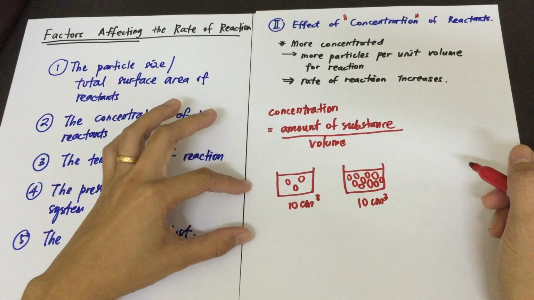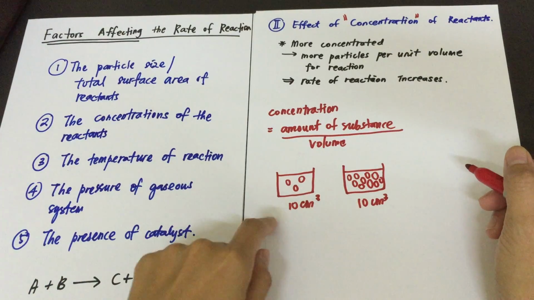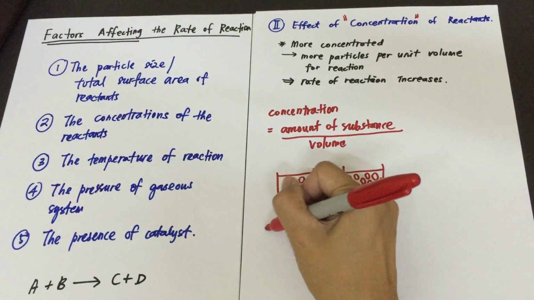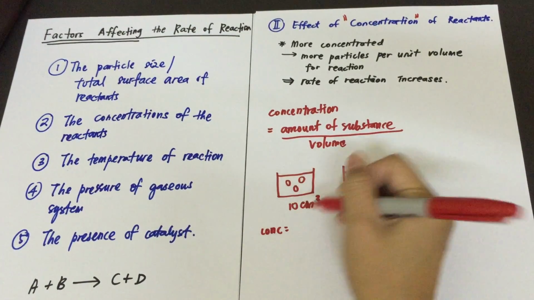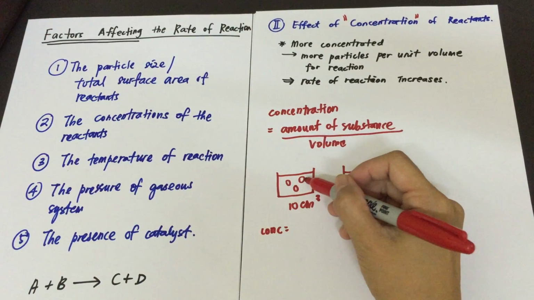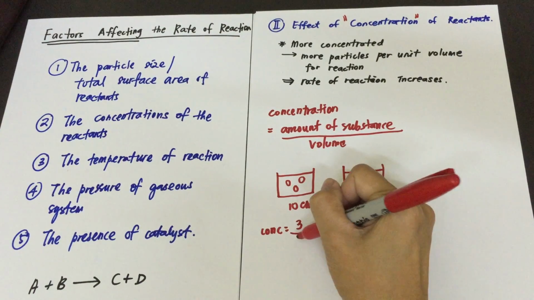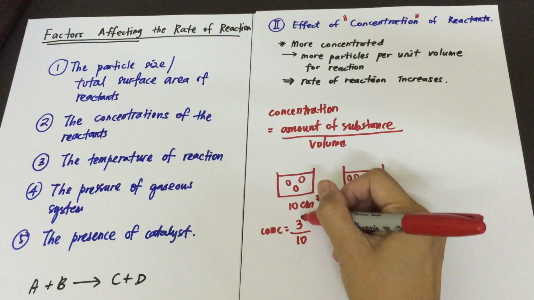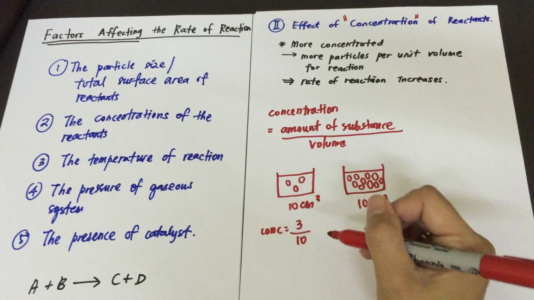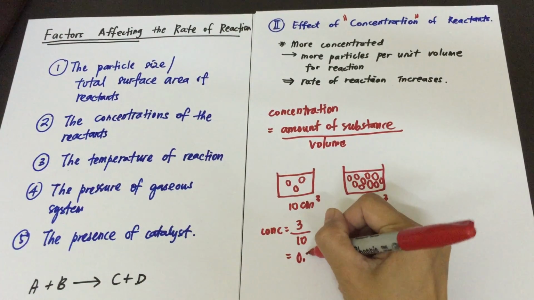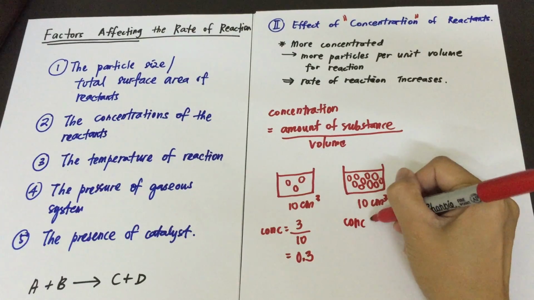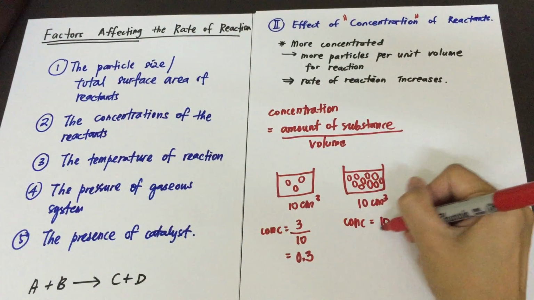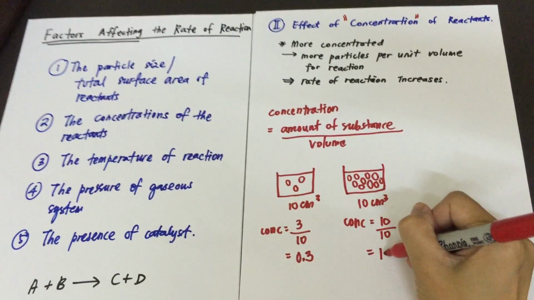By calculating the concentration of the two solutions, the concentration will be the amount divided by volume. 3 divided by 10 equals 0.3. And the concentration of the second solution will be 10 divided by 10 equals 1.0.